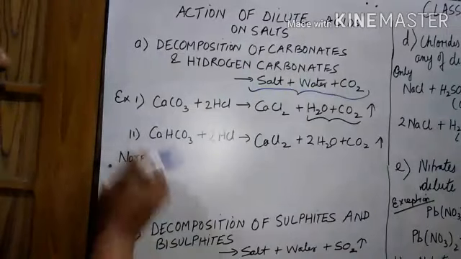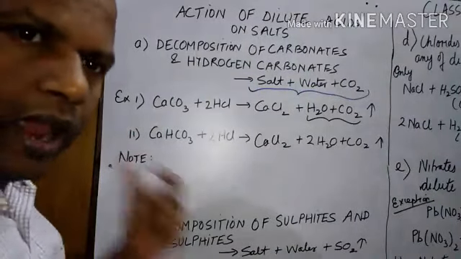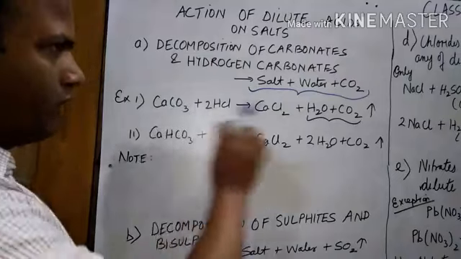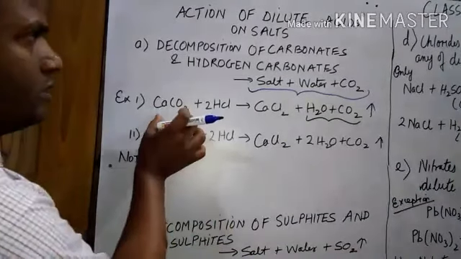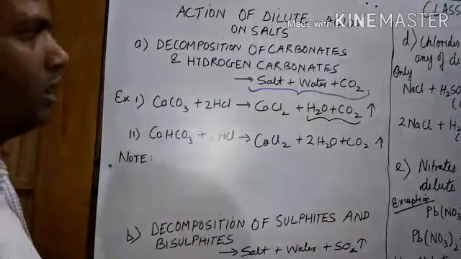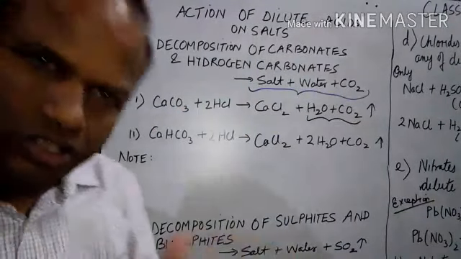Now dear students, if you go through the mechanism of this reaction, first of all you will notice that it is a type of double decomposition reaction. In a double decomposition reaction, there is an exchange of radicals.